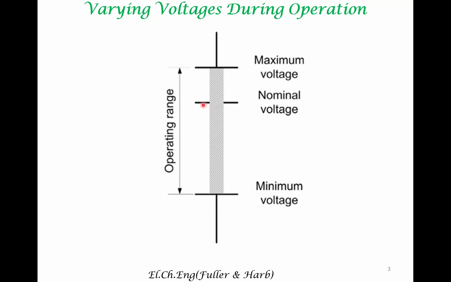The nominal or the average voltage is indicated here, but the battery during operation may have a voltage above the nominal voltage, up to a certain maximum voltage, or the voltage can fall below the nominal voltage to a certain minimum voltage. So the operational value of the voltage can vary.